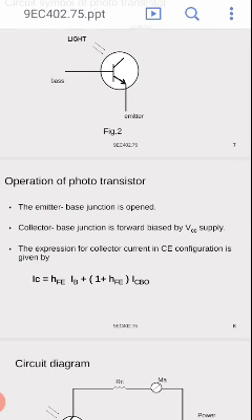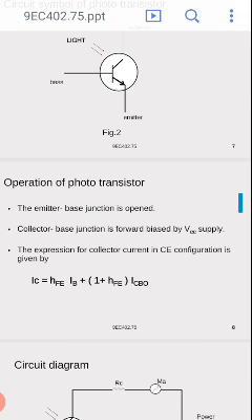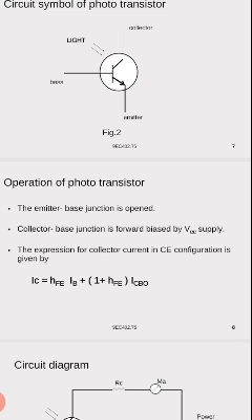In this equation, HFE is the current gain. In place of HFE, we write beta. We can say IC equals beta into IB, and here ICBO is the leakage current.